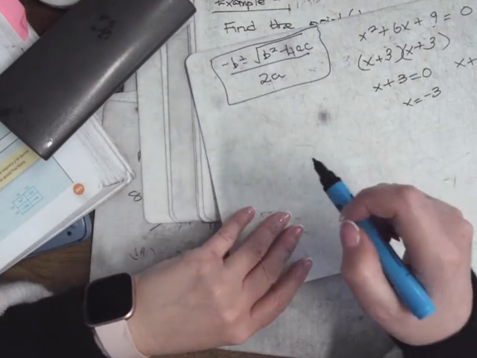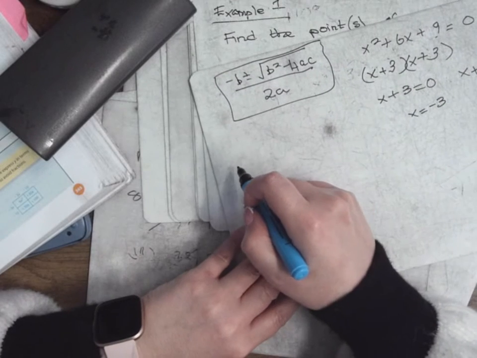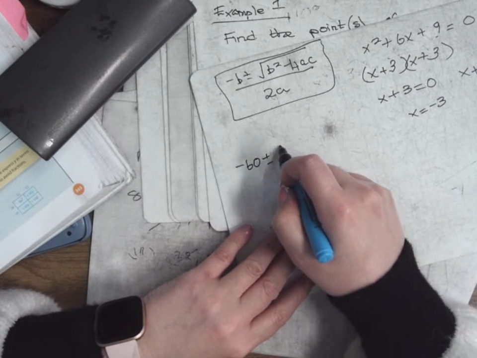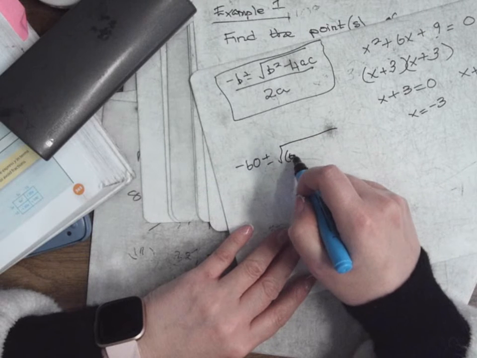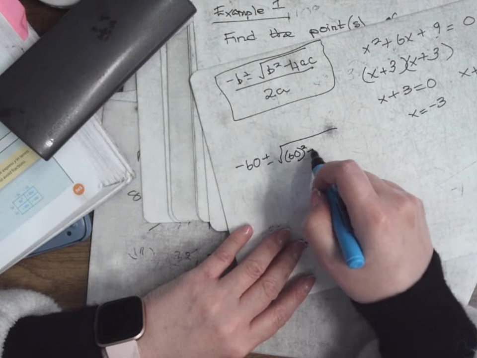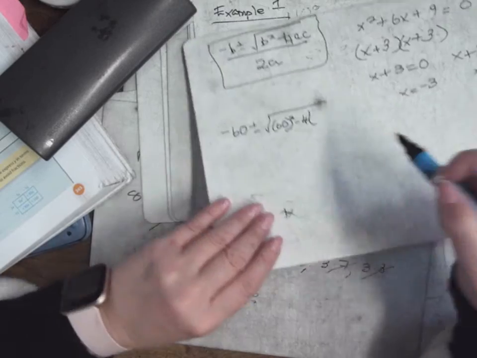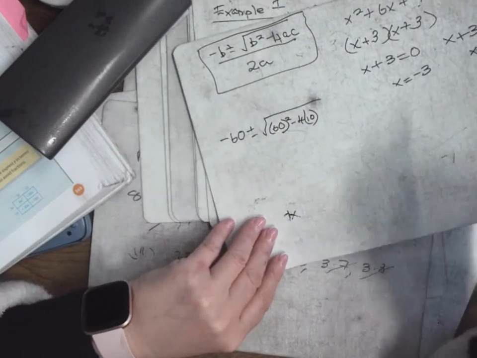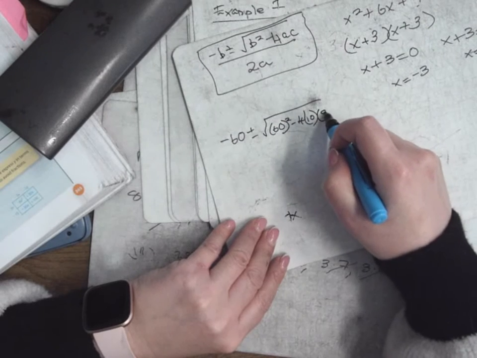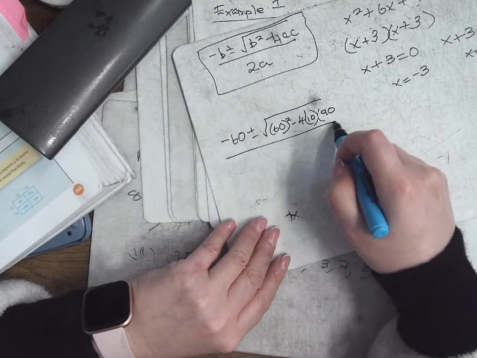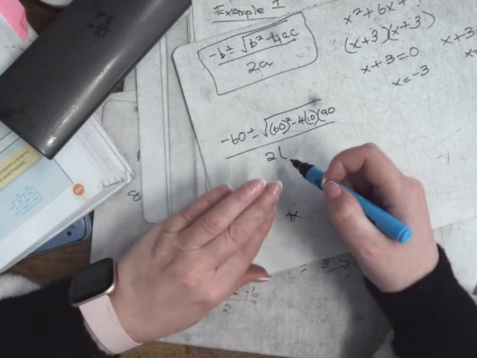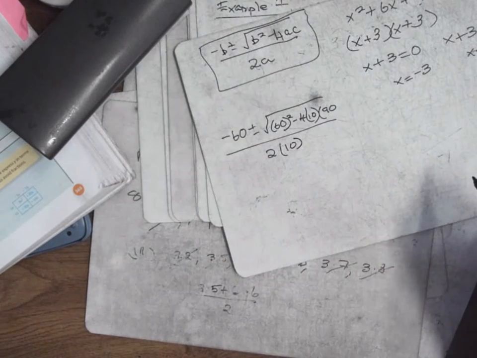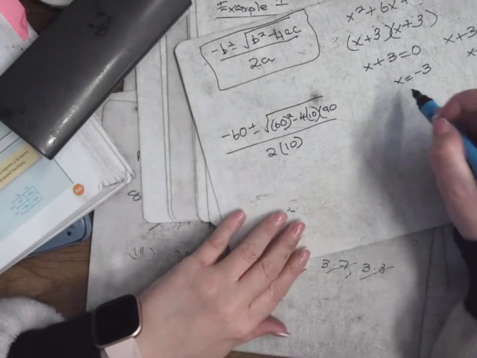So tell me, when you filled in the minus b formula first off, you would have got minus 60 plus minus the square root of 60 squared minus 4 times a is 10 and c is 90, all over 2 times a, which is 2 times 10. Yeah? If you type it in as you see it, you'll get minus 3.